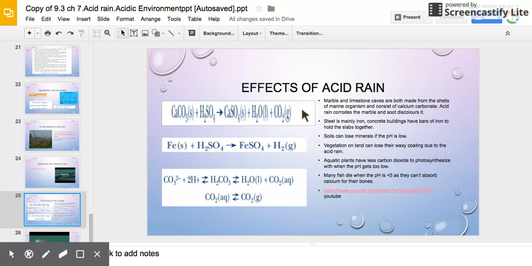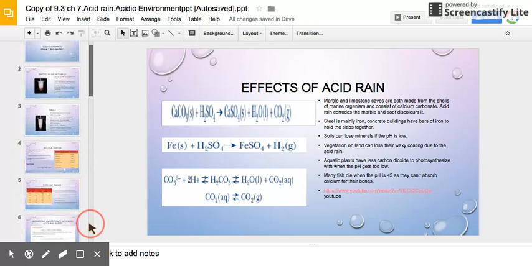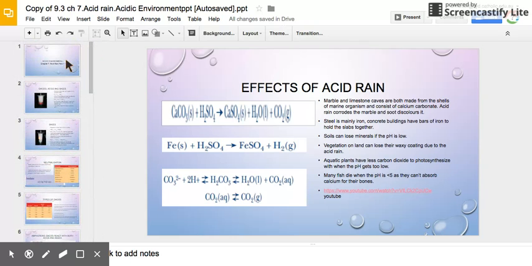Okay, so man-made structures as well as living things are also affected by acid rain. And we're going to be looking further into what happens with the acid rain. So when we started out this unit, we wanted to know about acid rain.